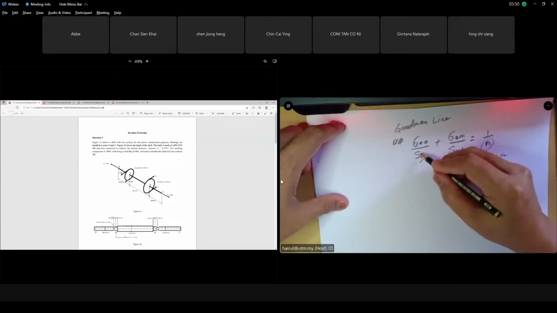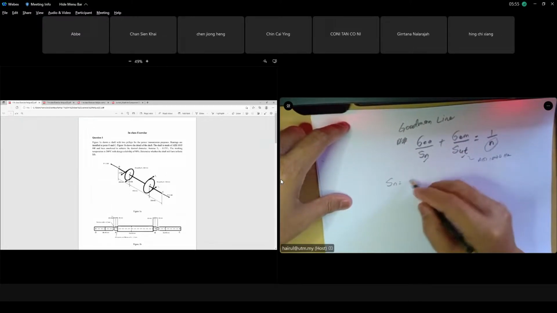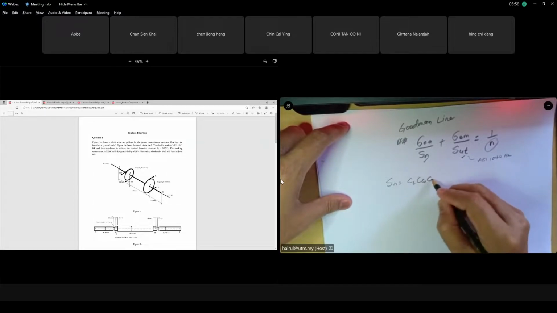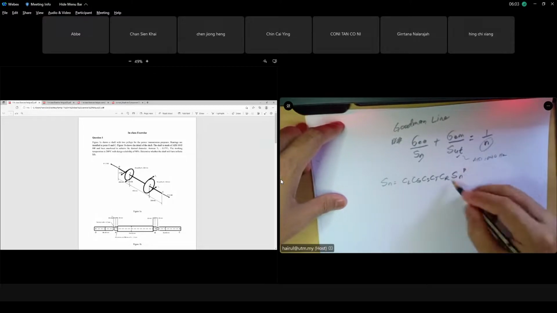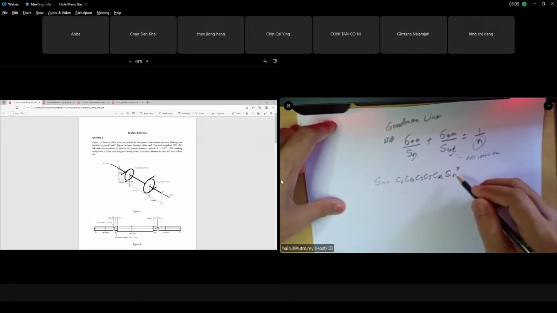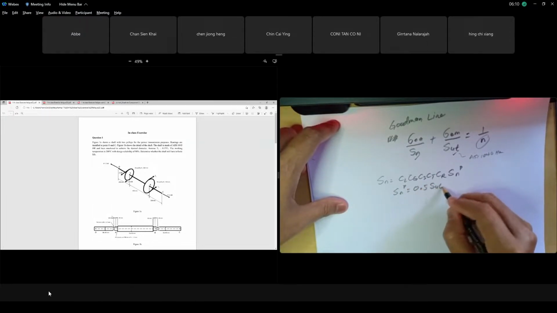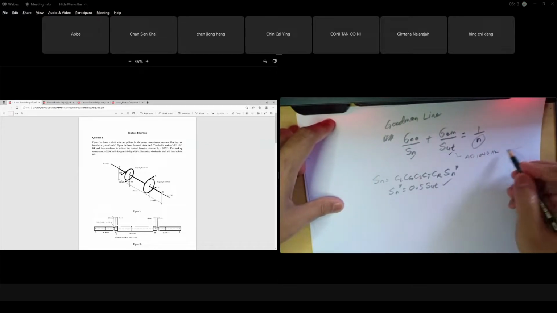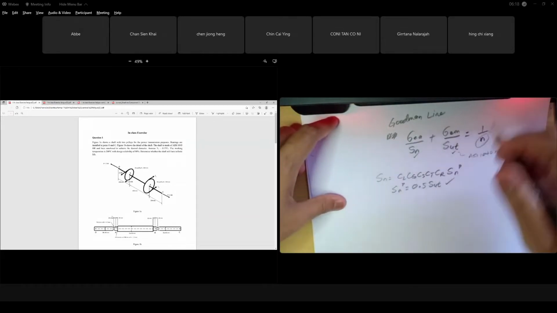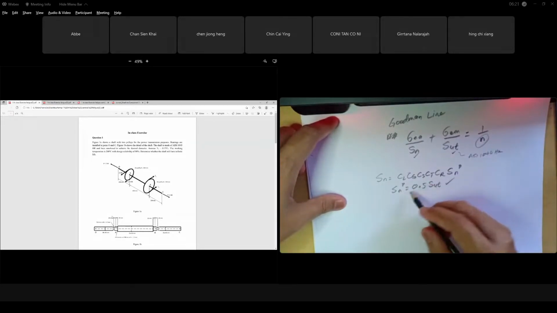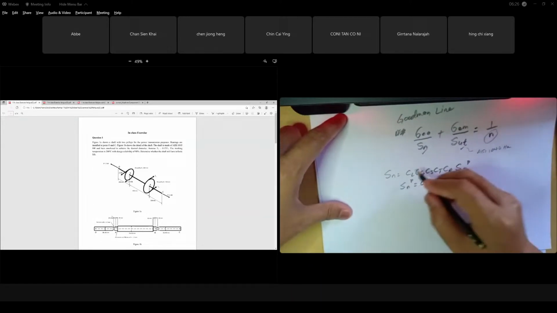For your endurance limit, you have to calculate. The endurance limit is C_L, C_G, C_S, C_T, C_R, and S_n prime. S_n prime is from the standard specimen fatigue test, the R. R. Moore test. We know S_n prime is 0.5 S_ut. Since we know S_ut, let's say 960 megapascal, 0.5 of it is 480. So C_L, the load factor, we can get directly.